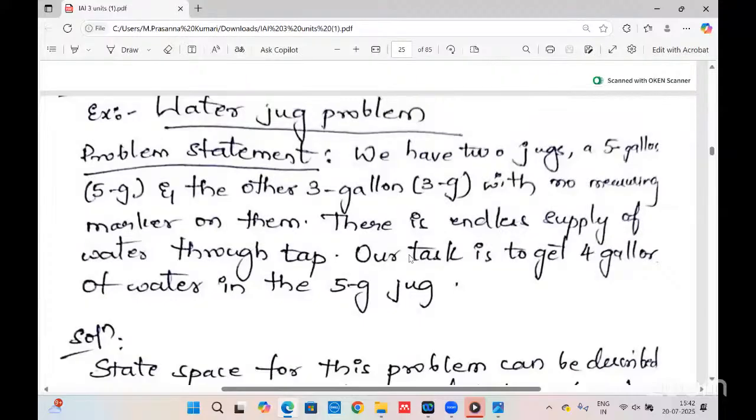See here, we are having two jugs, 6 and 4. She has taken 6. Okay, she has followed my action. She is pouring this water into there.